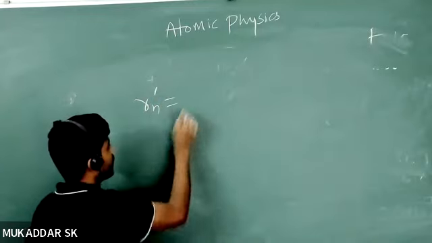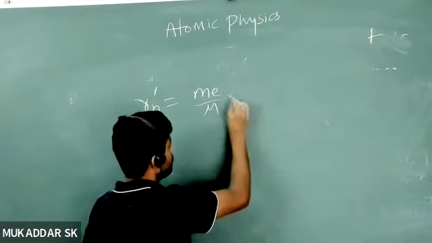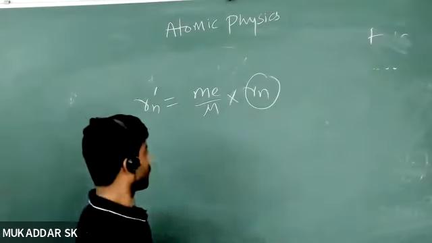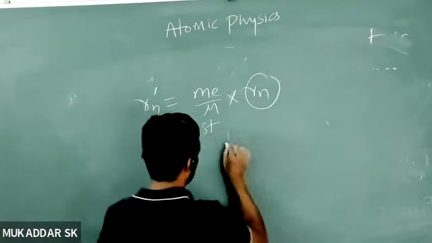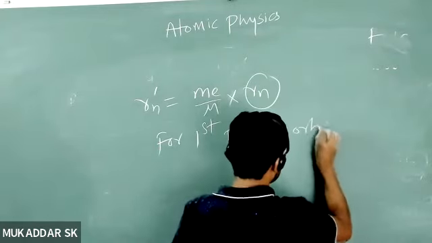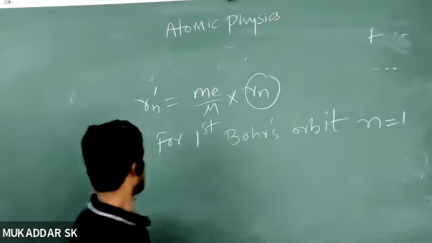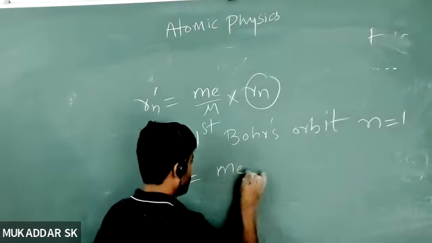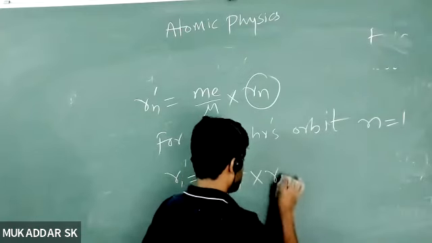Rn dash is nothing but me by mu into Rn. For the first Bohr orbit, n is 1. So R1 dash is me by mu into R1.